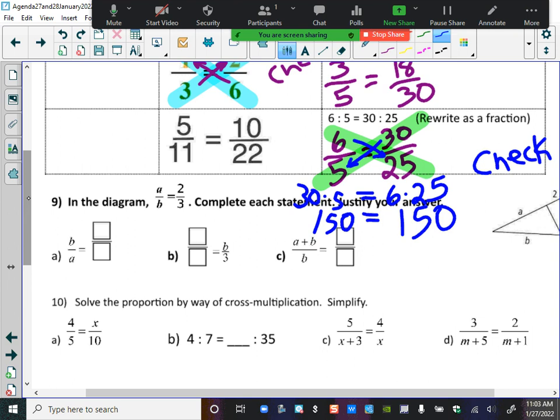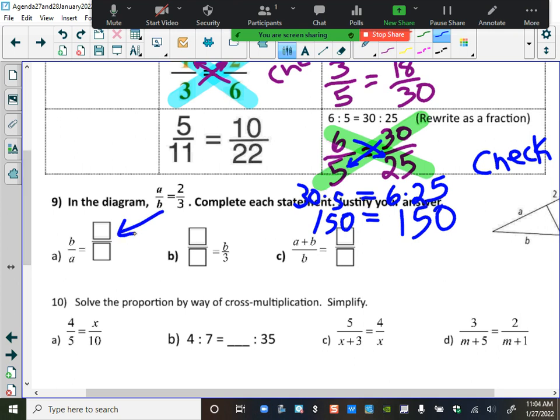Now, number 9. The only thing I'm going to tell you about number 9. Now, if you did it, that's cool. Watch your order. Especially, see this where it says A over B is 2 over 3? Everybody see that first example? But in this example, they flipped it.